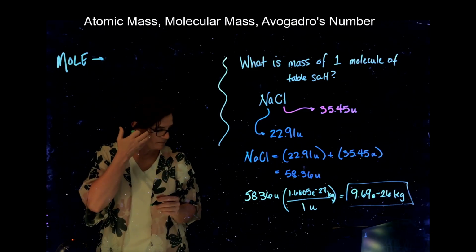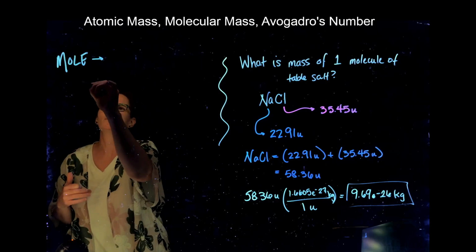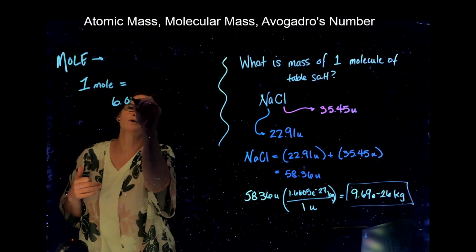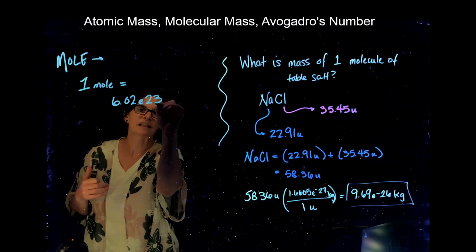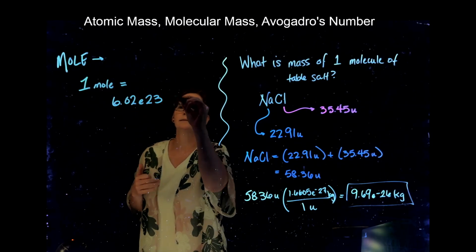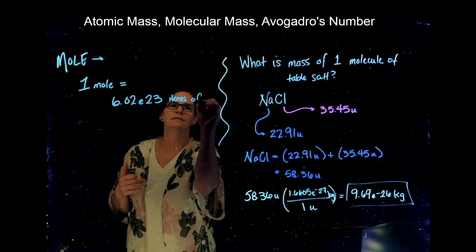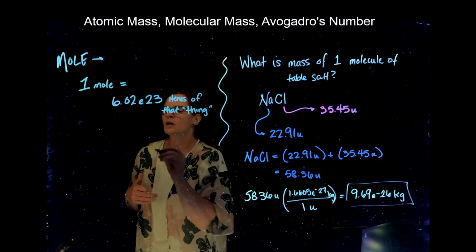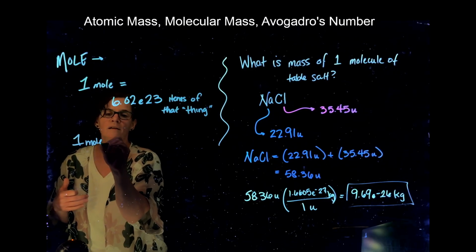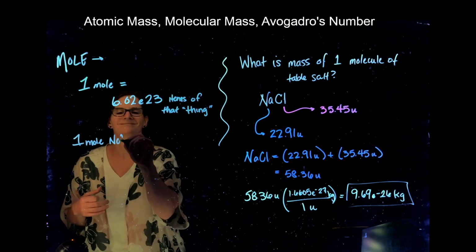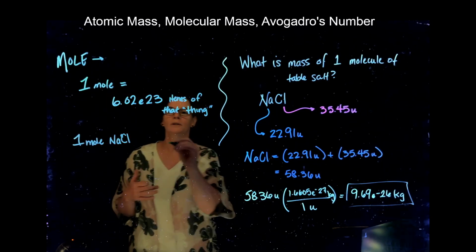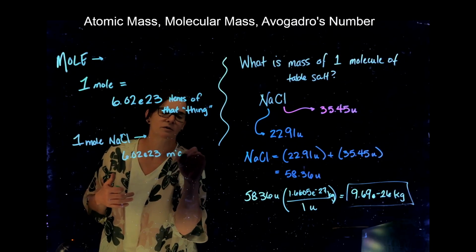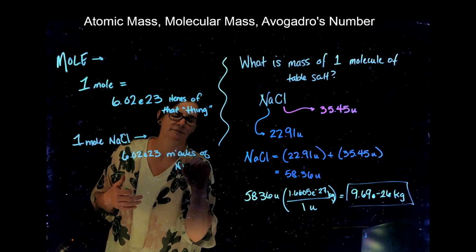One mole of an object is equal to 6.02 times 10 to the 23rd items of that thing. Okay? So 1 mole of sodium chloride molecules is 6.02 times 10 to the 23rd molecules of sodium chloride.